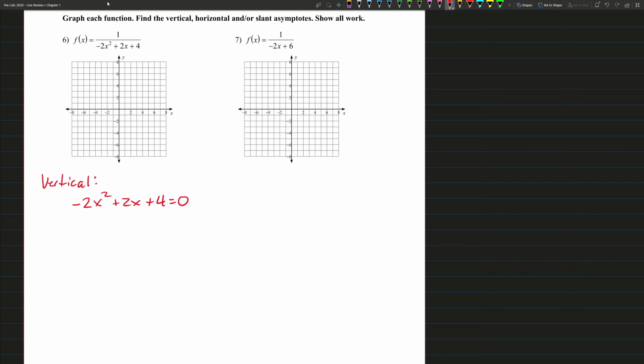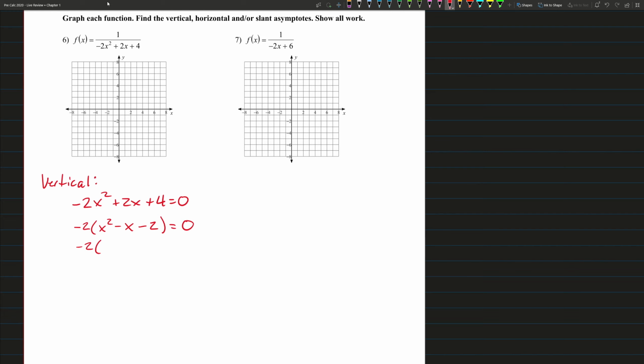And we have to solve for x, either by factoring or by using the quadratic formula. Okay, so I noticed that there's a negative 2 in each of these. Okay, and then we can factor the inside of that parentheses.